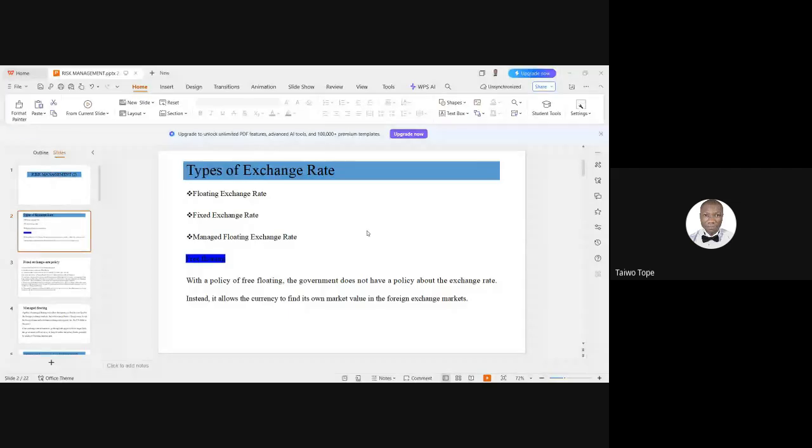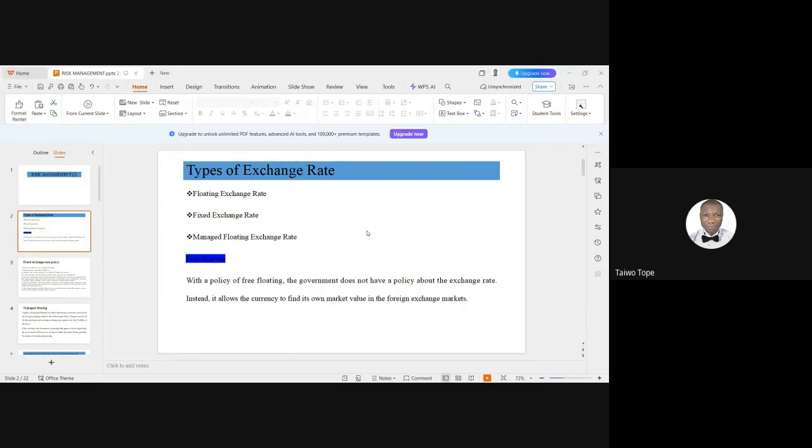And it is also known as flexible exchange rate system. So under this system, there is no government intervention in the foreign exchange market. And the exchange rate is determined by the interaction of the market participants, such as banks, firms, and other institutions.